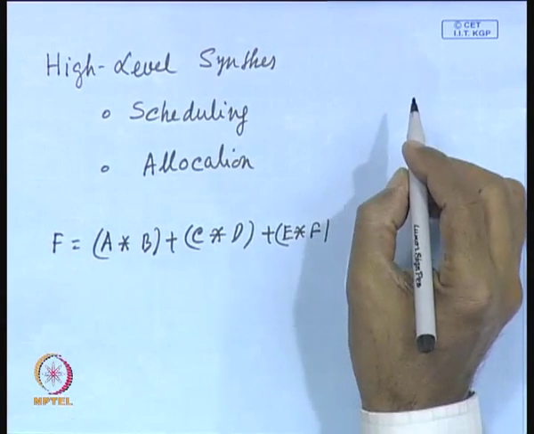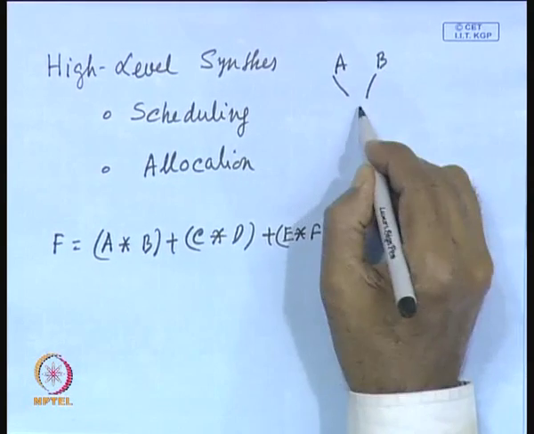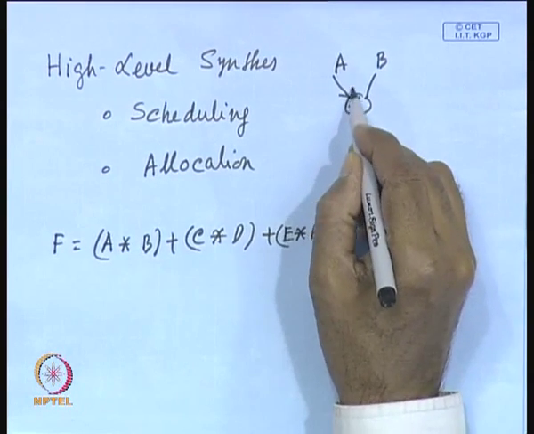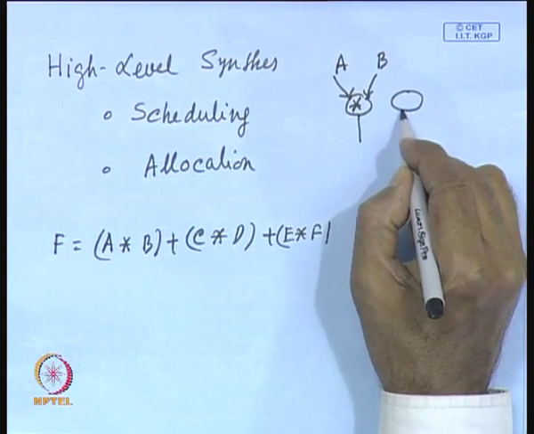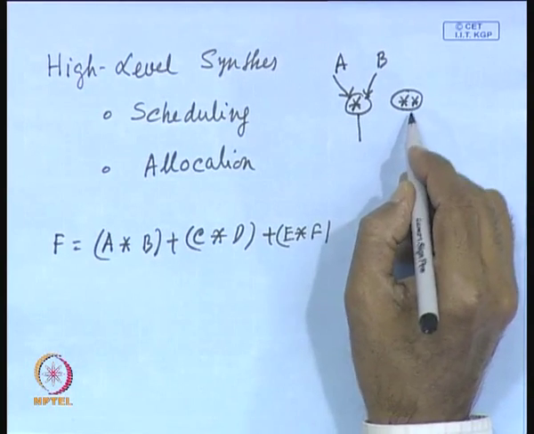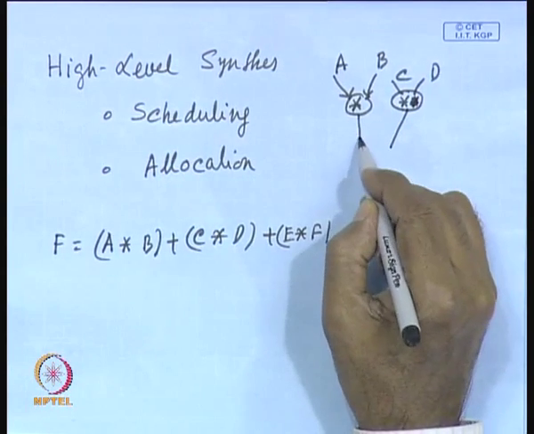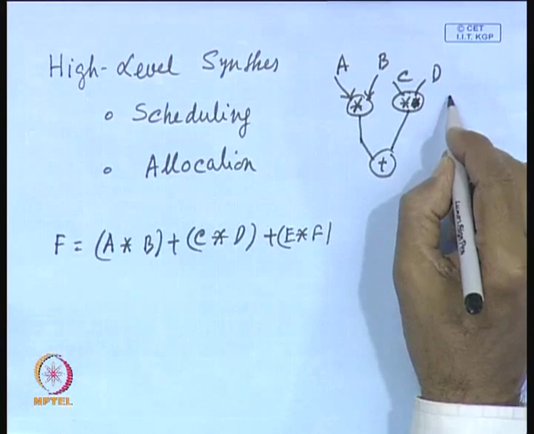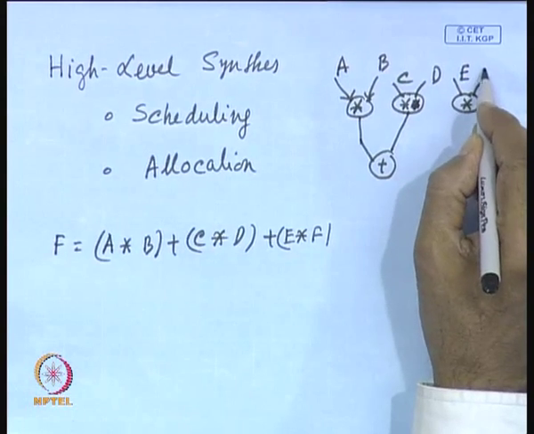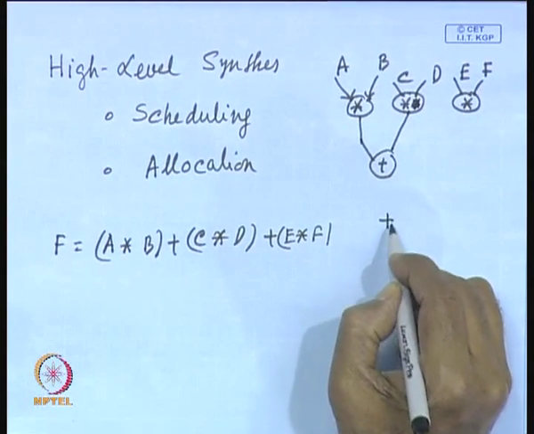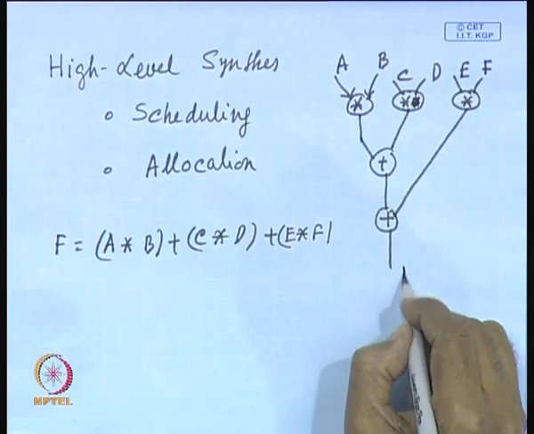So, the corresponding DAG will be, say A B multiplication, a directed acyclic graph, and then you will be performing another multiplication where you will multiply C and D, and they will be added together with the help of an adder, and then you will require another multiplier to perform multiplication of E and F, and then you will be performing addition, and here you will get your function f.